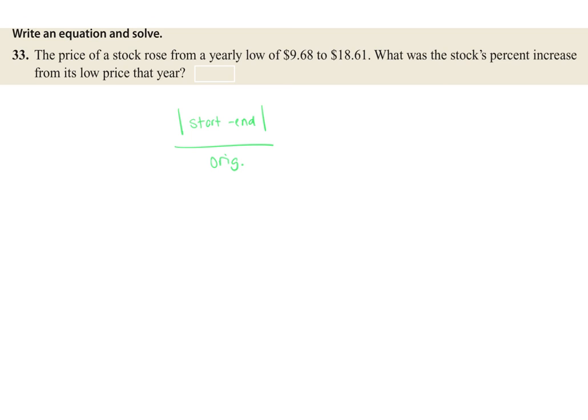So in this case, you would have said 18.61 minus 9.68 divided by 9.68. This is your original. And your percent increase there was 92.2%. Remember, multiply by 100 first and then round to your nearest decimal place if it wants it, like, rounded to the nearest tenth.